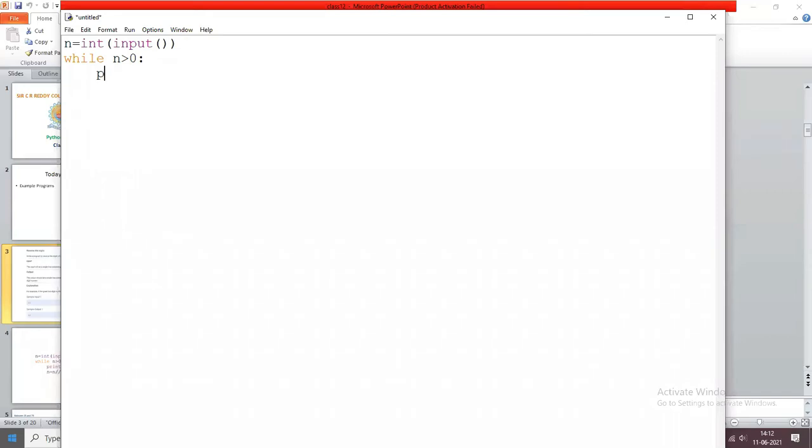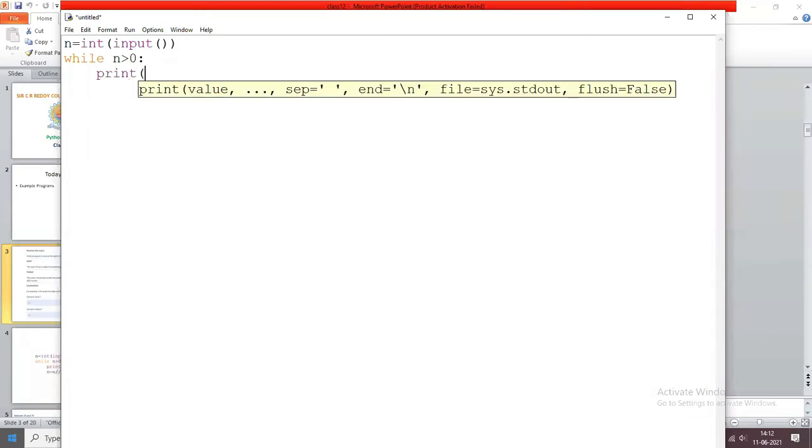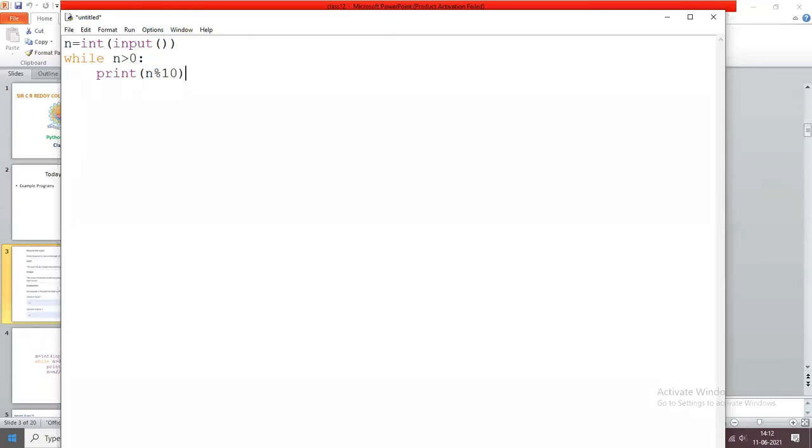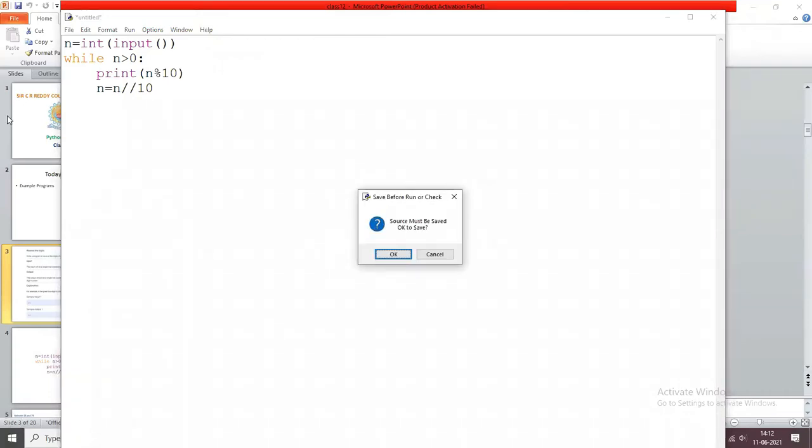What are we going to do? You are going to print the numbers in reverse order. So n percentage 10, you are going to print, and update the n value: n equals n floor division 10. That's it. So the program is over. First we save this program.